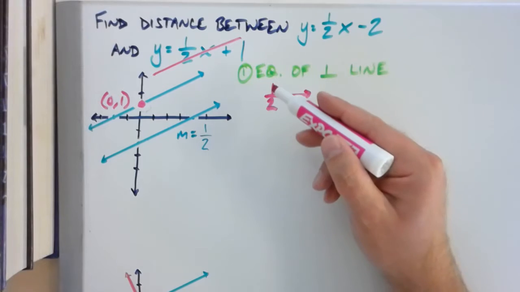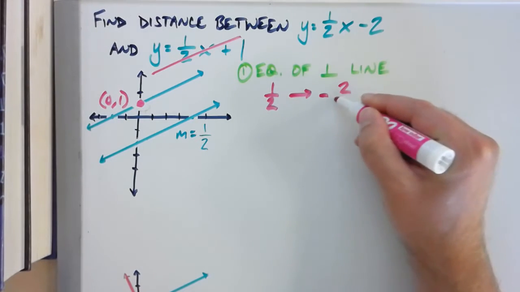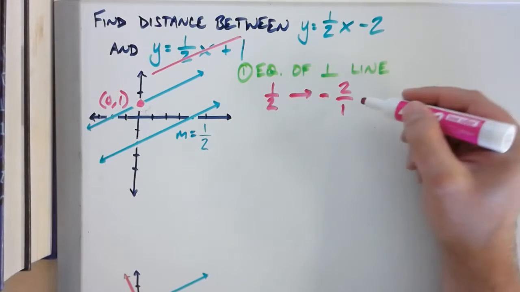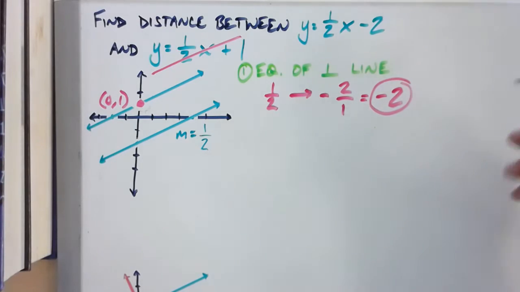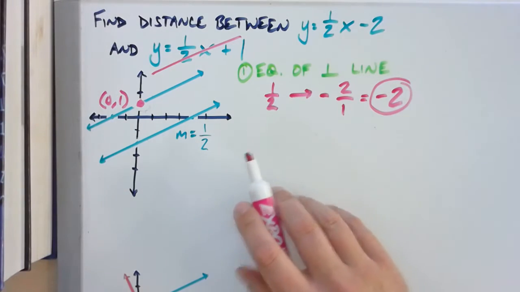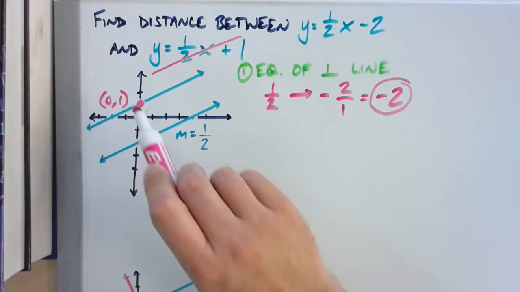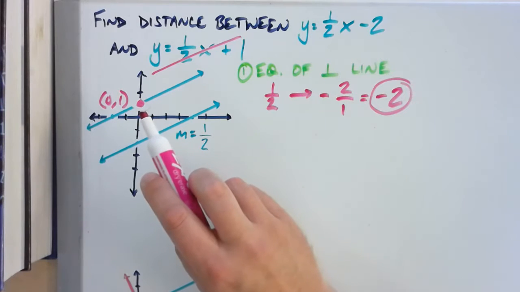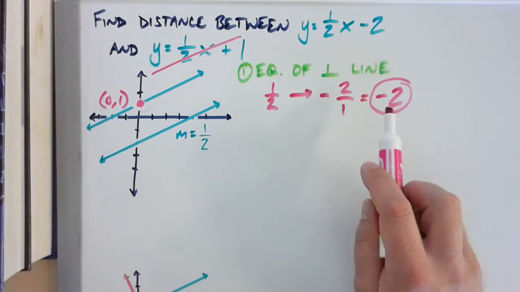The 1 over the 2 is now going to become 2 over 1. That's my perpendicular slope, which if I reduce that, is just negative 2. So whatever else is true, the perpendicular slope that will connect that point to this line has a slope of negative 2.